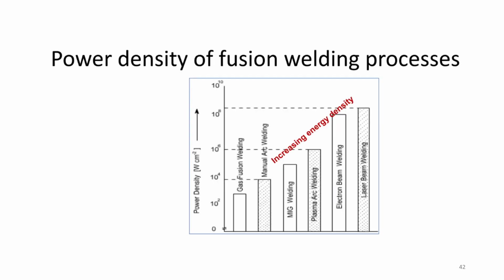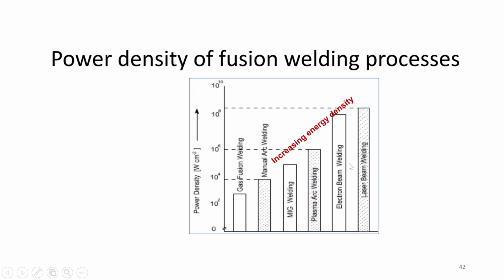Power density of fusion welding processes. So as you keep going from this side to this side, you see power density keeps on increasing. The least will be in the case of gas welding or fusion welding. In the case of manual arc welding, it is higher compared to gas welding, and the temperature also is high in arc welding. Then you have metal inert gas welding, then plasma arc welding, then electron beam welding, and then laser beam welding.